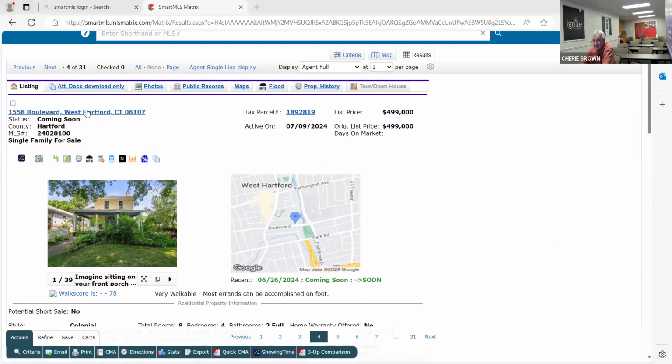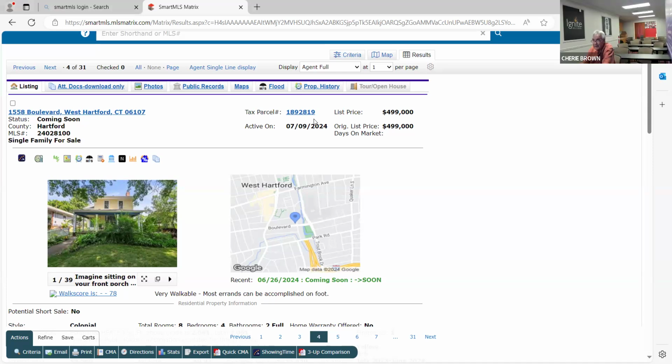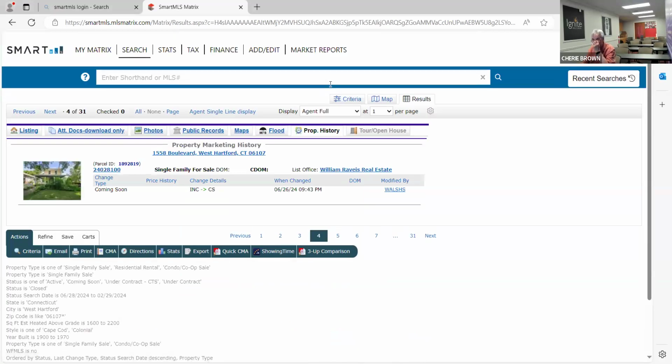Here's our center of town, and so it's right here, definitely walking distance. This one will be coming out at 499 and doesn't have any previous history.